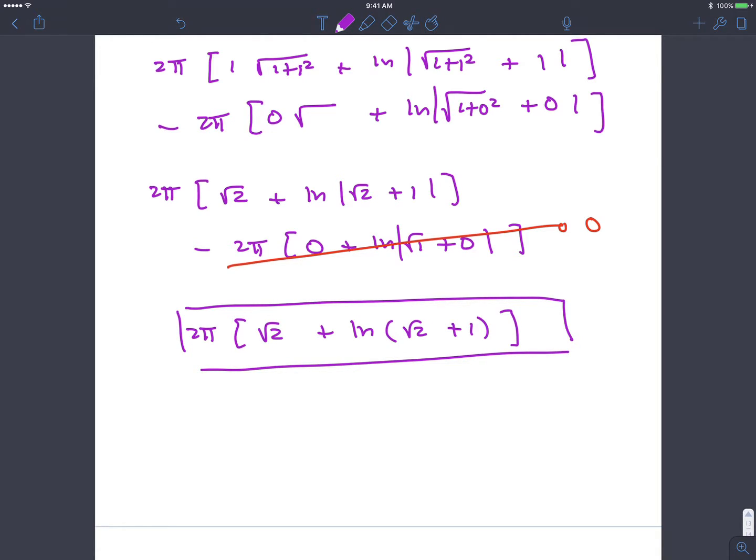Double check because I'm not really awake. Is that kind of okay? You guys okay with that one? I think that looks okay to me. Anybody find an error on that one? No? You guys okay with that?